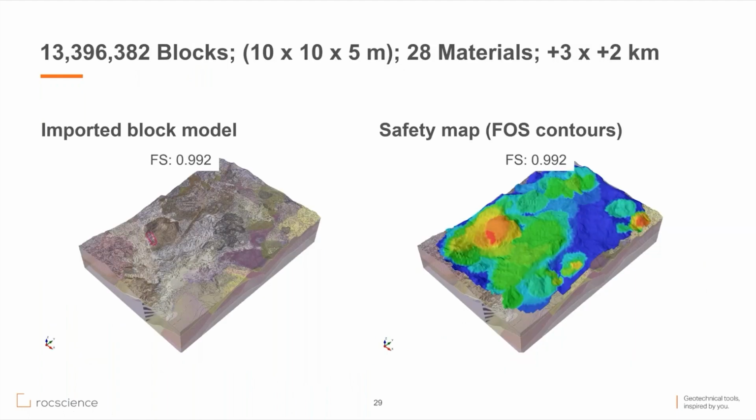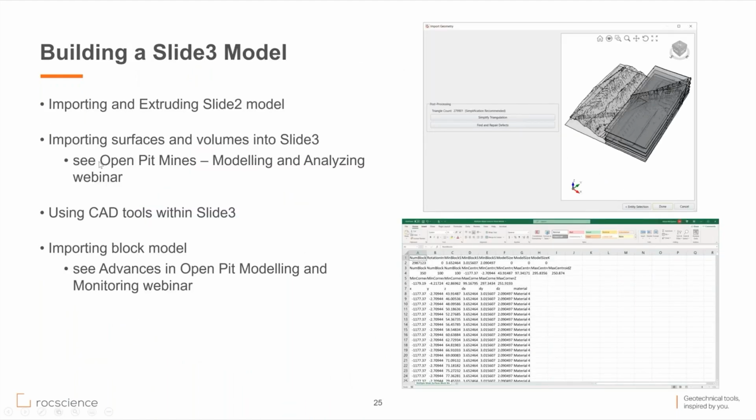We do have a webinar on Rocscience's YouTube channel, the open pit mines modeling and analyzing webinar, which shows how to import DXF surfaces and construct a 3D model. The same process would be applicable for RS3 as well.